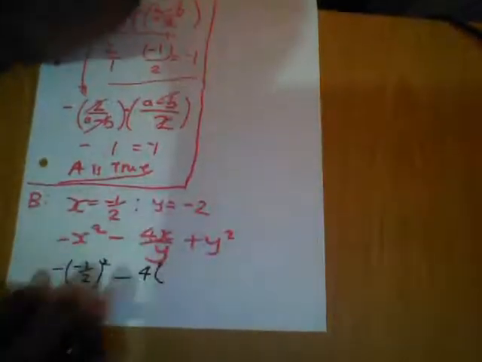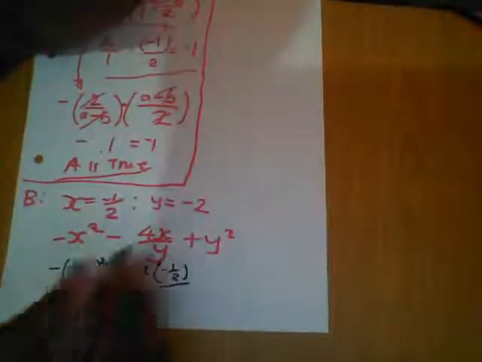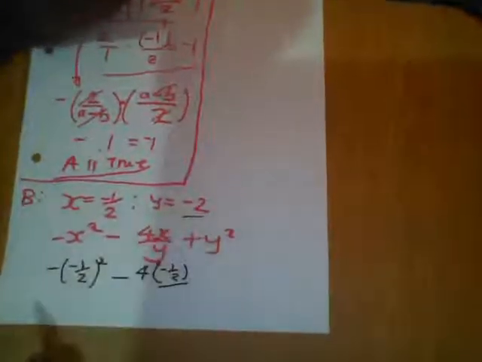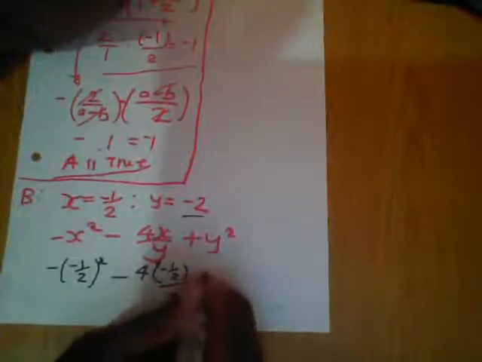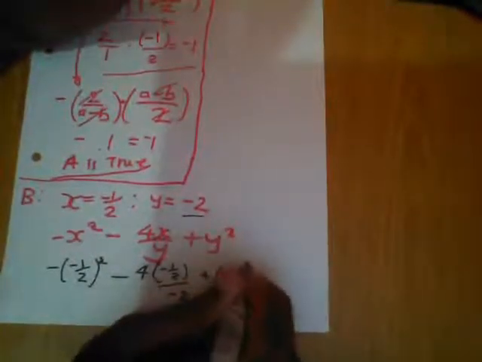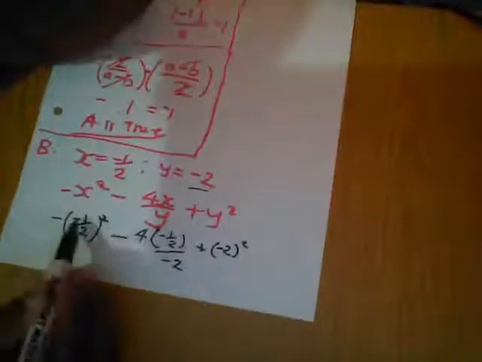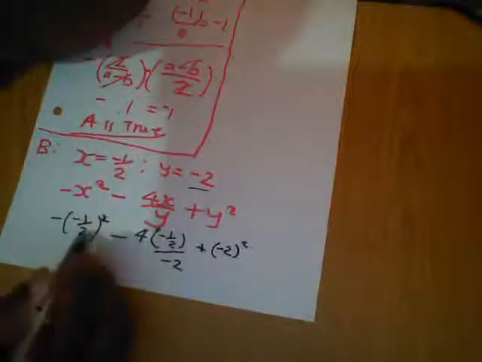Minus 4 times x. So x equals negative a half. Negative a half, but we have a y there. What is y? y equals negative 2. So we're going to say negative 2, and the plus. What is y? Negative 2, but squared.